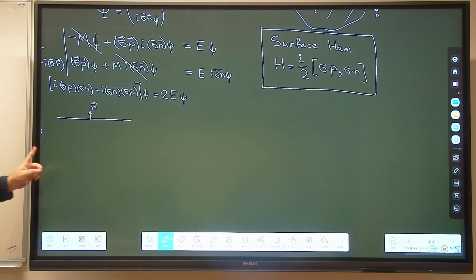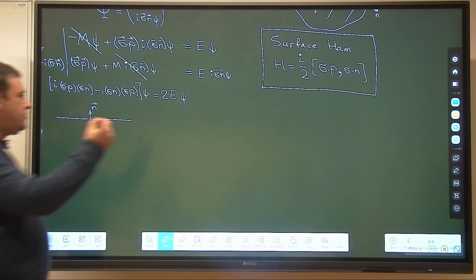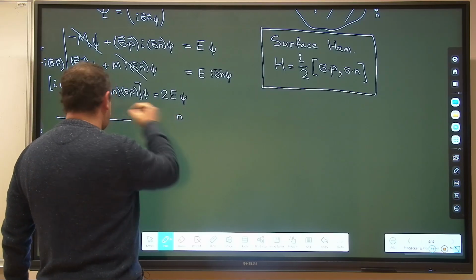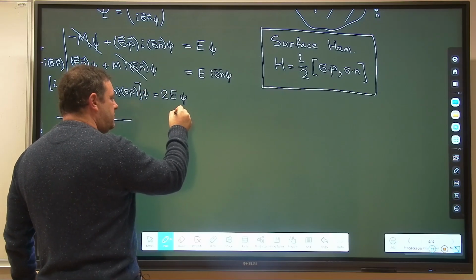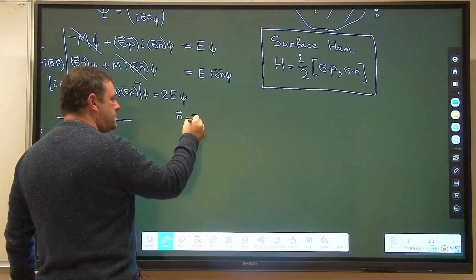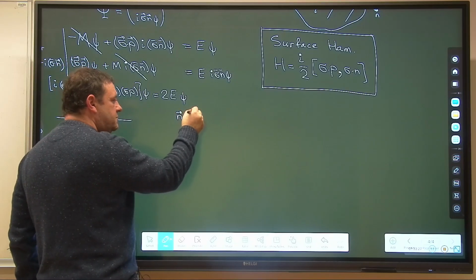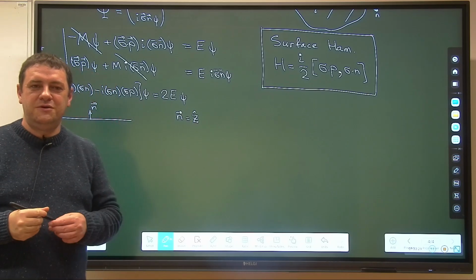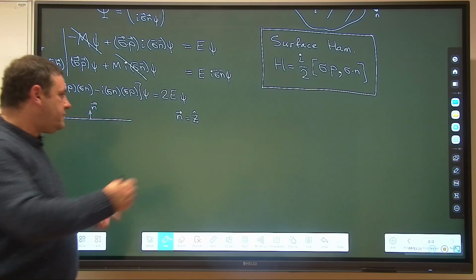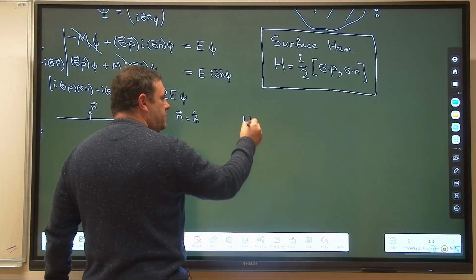There are no components of momentum transverse to the surface. And for example, if n is, let's say, the z direction, n equals z. It's not that Z, the integer number group, it's just the unit vector along z. The Hamiltonian will be what?